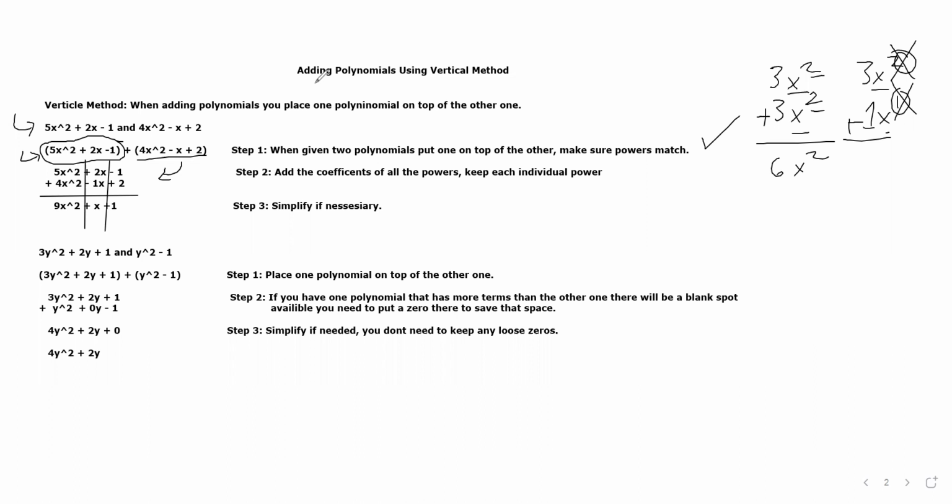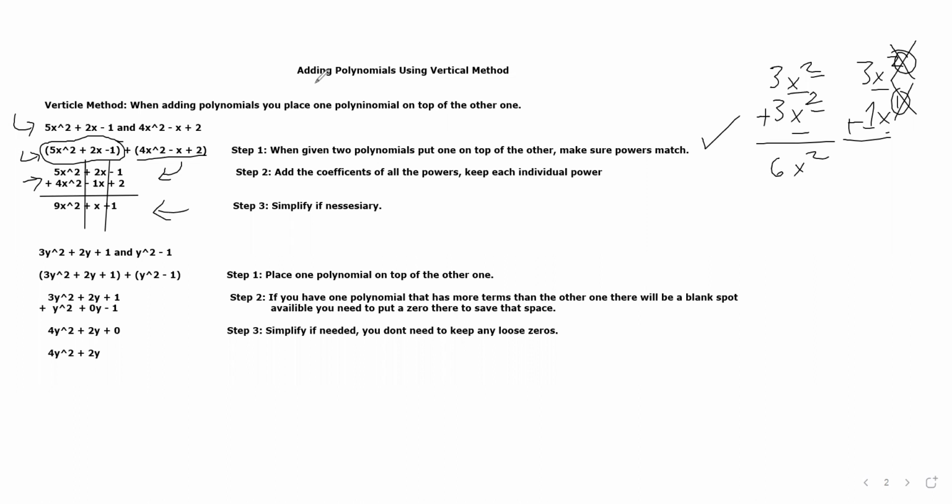And what do I mean by the same lane? The same column. You see how I divided it over here, right? See how I made these little lines? 5x squared can only add up to the 4x squared. And if there was another x squared in there, I could also put it on the bottom there. It would just continue.